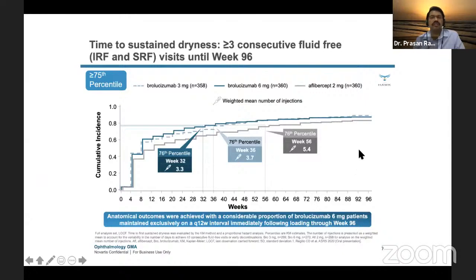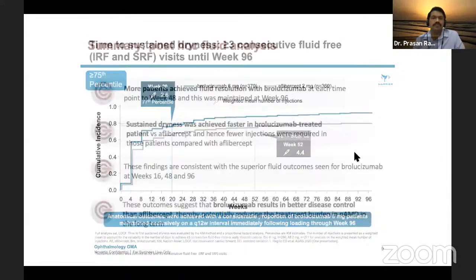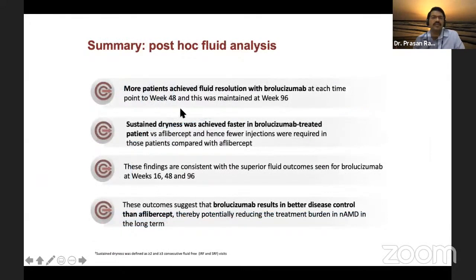So patients required more injections with aflibercept and required a longer period of time to dry up. Similarly in HARRIER, similar results. The drying was achieved at 20 weeks and 2.6 injections with brolucizumab versus aflibercept at 52 weeks. So the post-hoc fluid analysis shows more eyes achieved fluid resolution with brolucizumab. There was sustained dryness earlier and faster with brolucizumab as compared to aflibercept, and brolucizumab achieved better disease control than aflibercept.